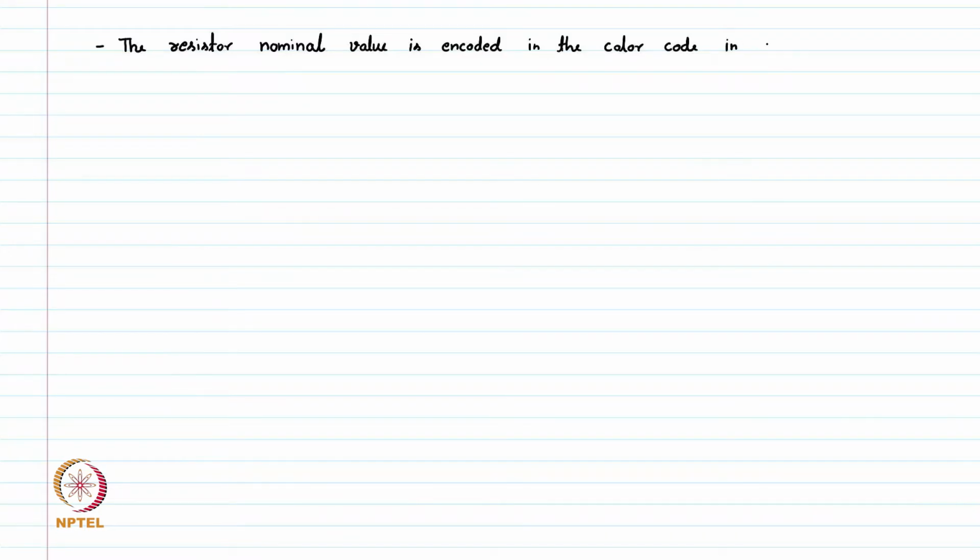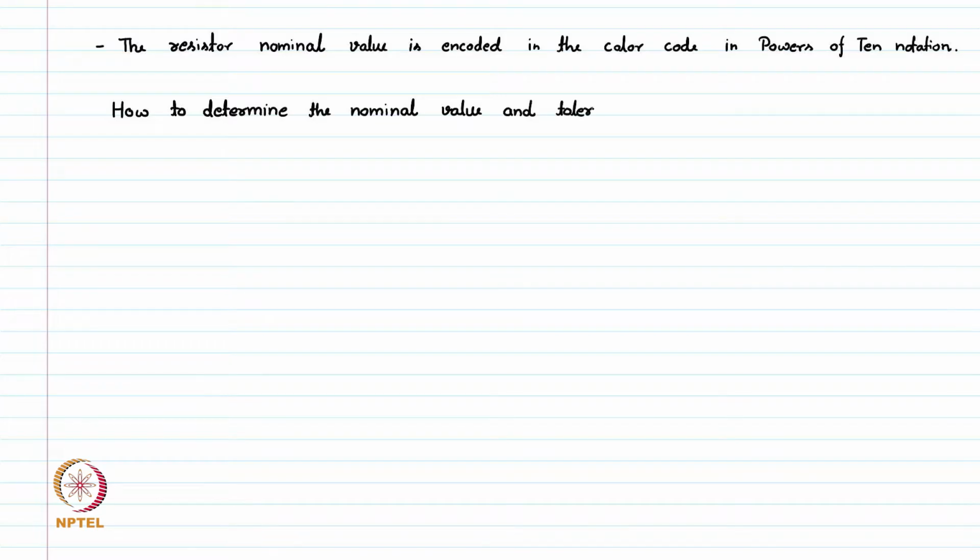In powers of 10 notation. So we can see how to determine the nominal value and tolerance from color codes.